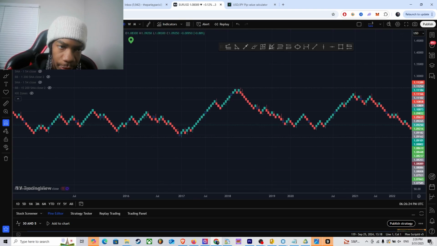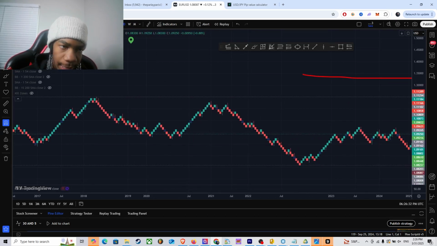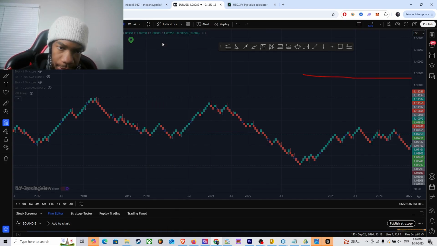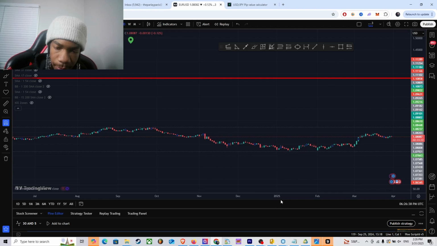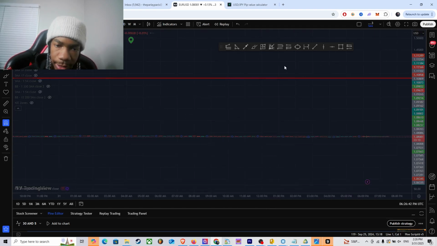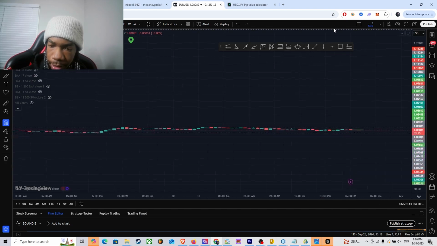If you would go to 30 minutes, 15 minutes, each of them would be the same. The same rules apply. Green is up, red is down, and let me go back to the regular candlesticks. Boom.